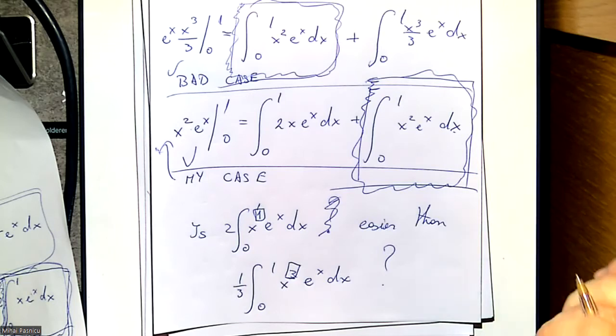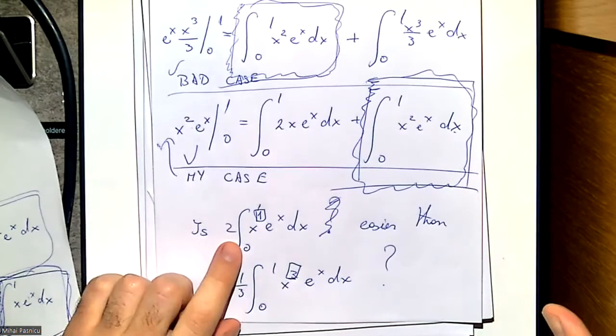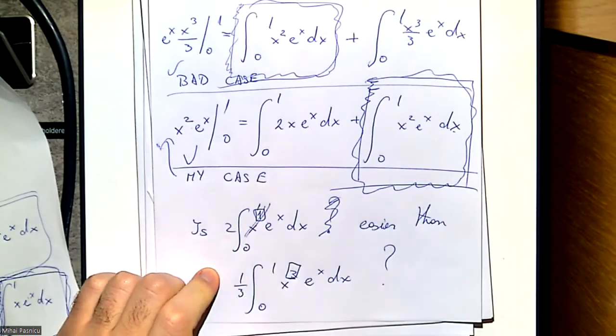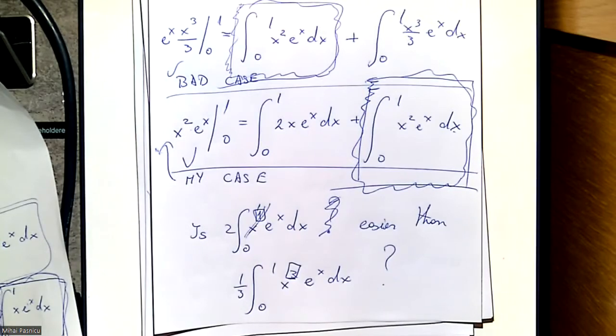While in our case, if I apply it this way, I'm going to get rid of this x, and I'm going to be stuck with just an integral of e to the x. Integral of e to the x, good, I can compute. Integral of x to the 2000 times e to the x, bad, I can't compute. Does that make sense? Do you see the difference? Why I'm saying one of them is the bad case, one of them is the good case.